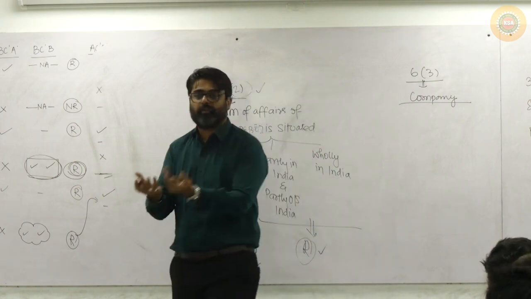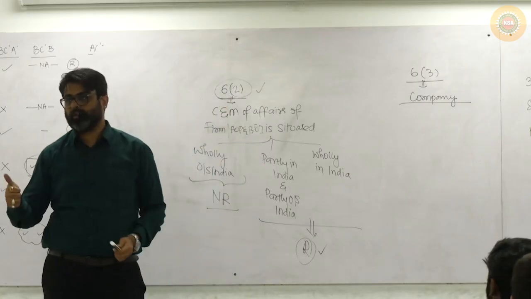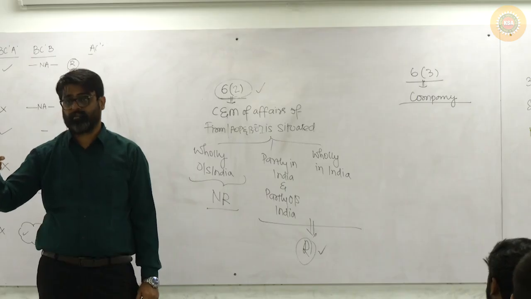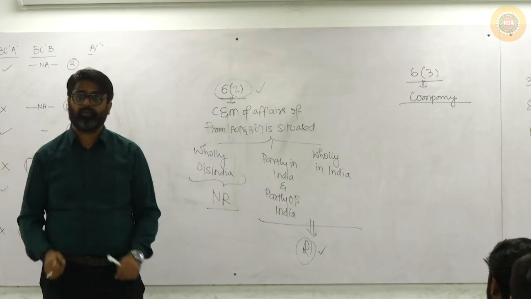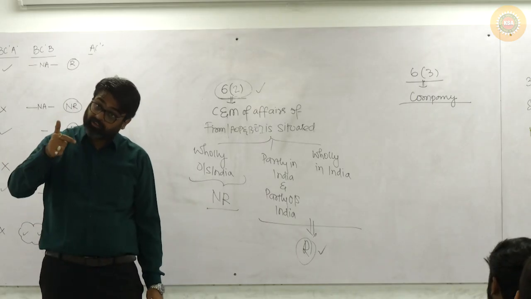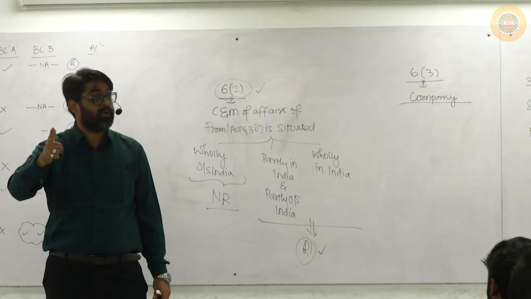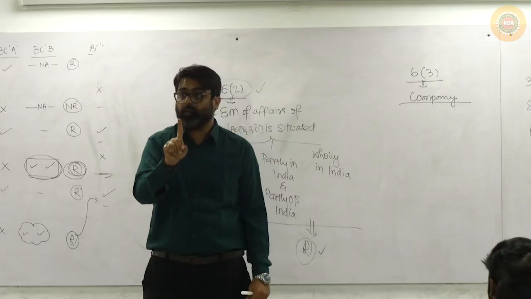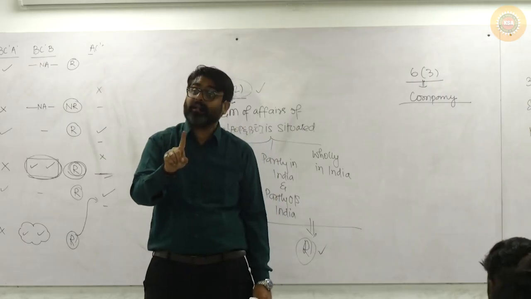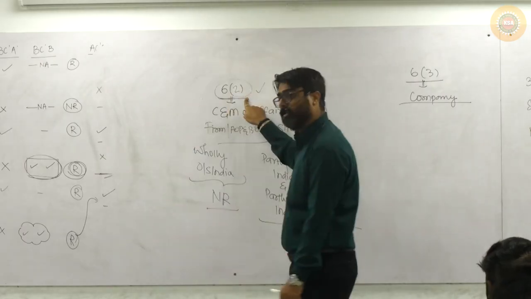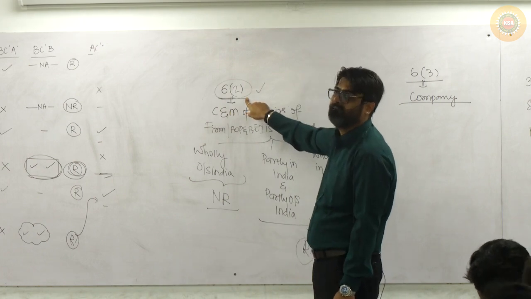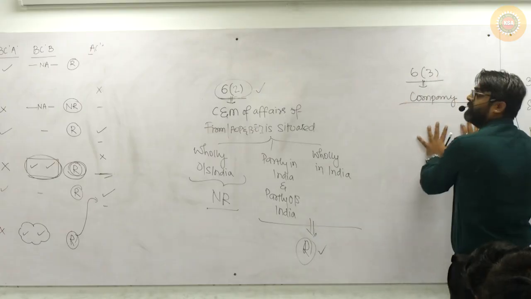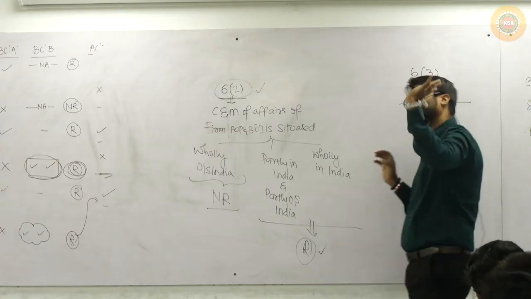Tell me, for individuals, 6(1), 6(1)(a) and 6(6). For HUF, 6(2) and 6(6), additional conditions also, yes or no? After HUF, partnership firms, including LLP, and AOP BOI. Again 6(2) only. This is partnership firm and AOP BOI. For companies, it was 6(3). And every other person?